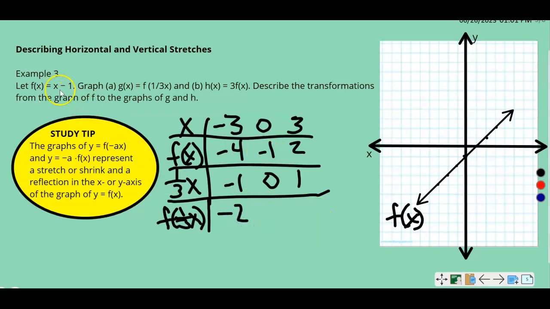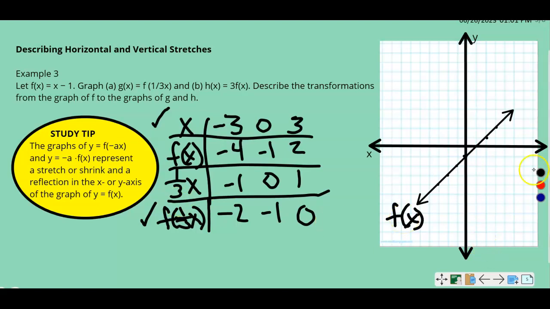We're going to take 0 minus 1 is -1. And we're going to take 1. 1 minus 1 is 0. All right, so in order to graph g of x, we're going to graph our x and our f of 1/3 x. So that will be our g of x.